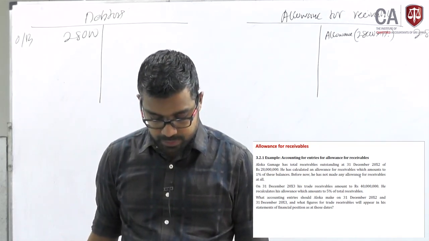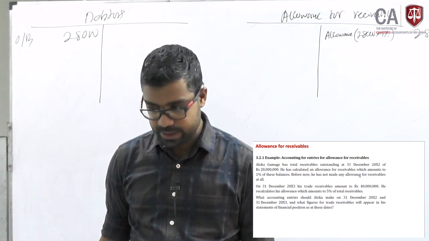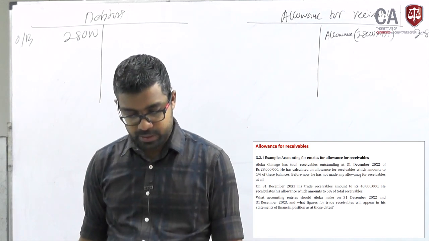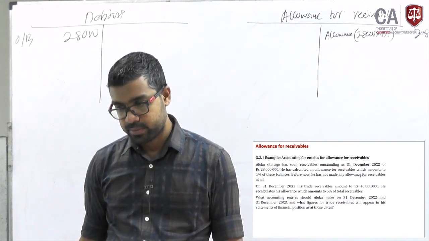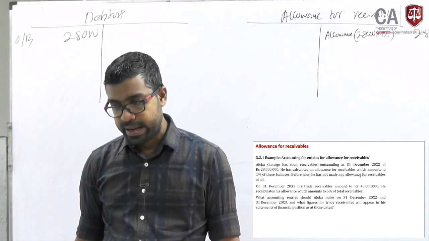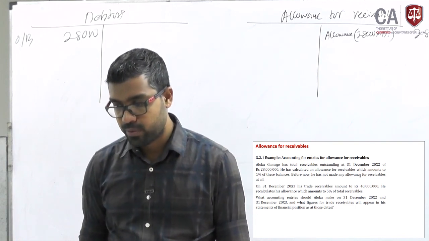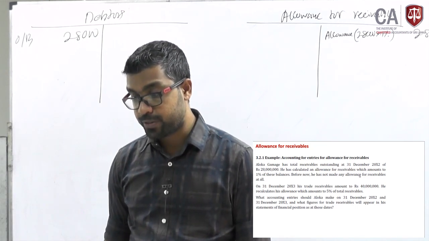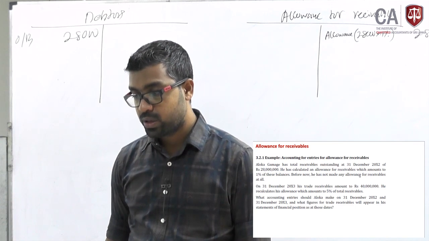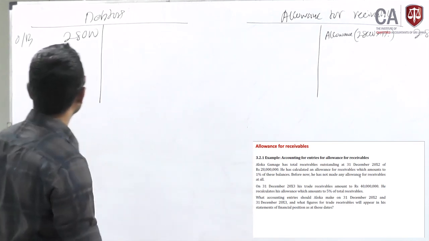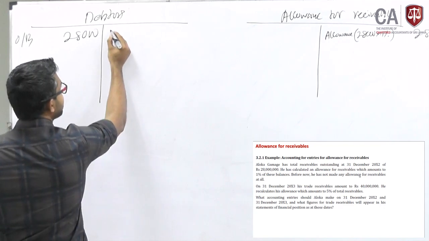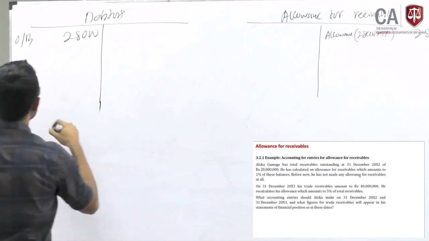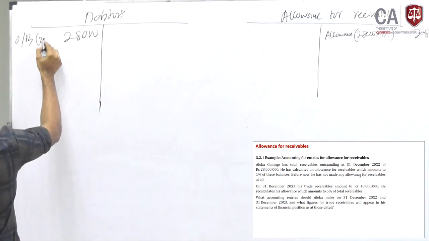And at the end of next year, 2003, the total receivable balance was how much? 40. And he recalculated the loss allowance at 5%. At the end of 2003 his trade receivable was 40 million. So what is the double entry for this? This is the opening balance. The entire calculation is not important for us. So this is 2002.